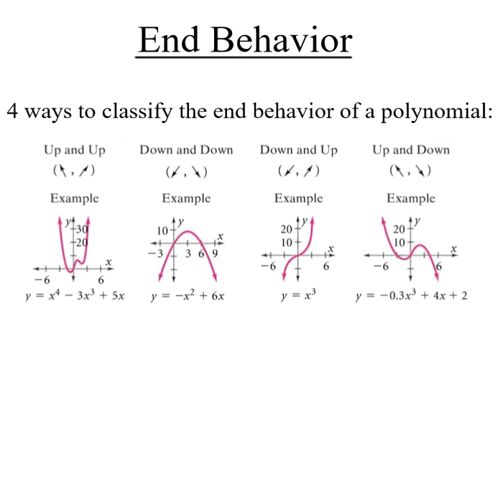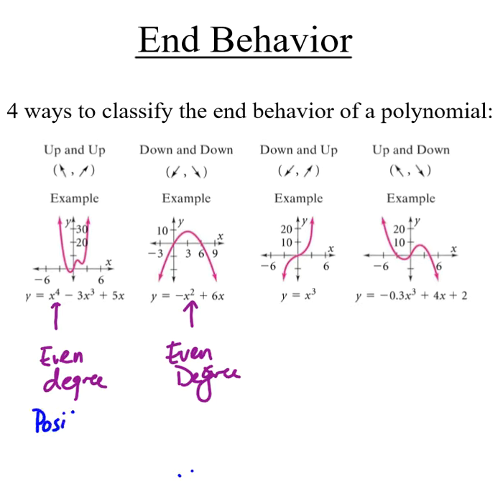Now, the things that you hopefully noticed from the Desmos is these up, up and down, down both have even degrees. But what you see here is this one has a positive leading coefficient, whereas this one has a negative leading coefficient.